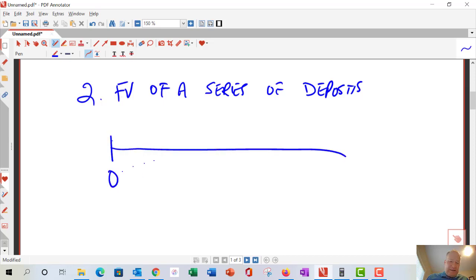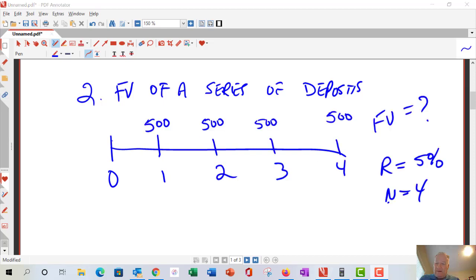So I'm going to start today. I've got year 1, year 2, year 3. Let's go out four. All right, so we're going to go out 4 years. We're going to deposit $500. So at the end of the first year, 500. At the end of the second, 500. And third, 500. And fourth, we're going to deposit $500.